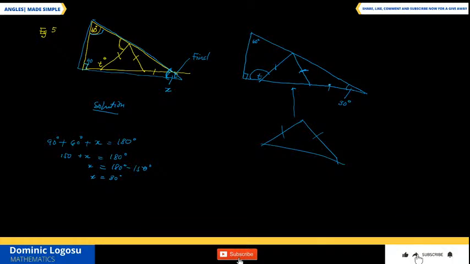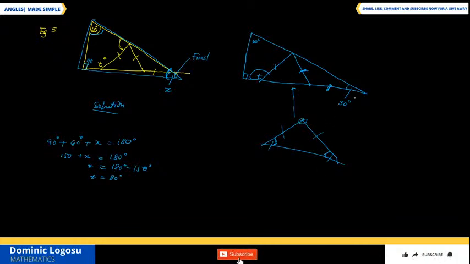Two stripes means that two sides are equal, and it also means that two angles are equal. To find the two angles that are equal, you need to trace the line that is moving away from the intersection. So this side and this side are equal.